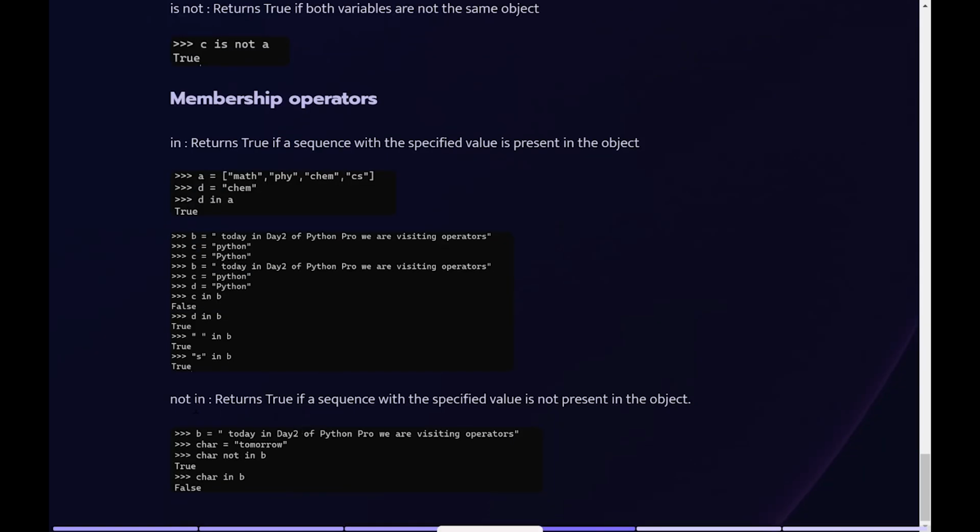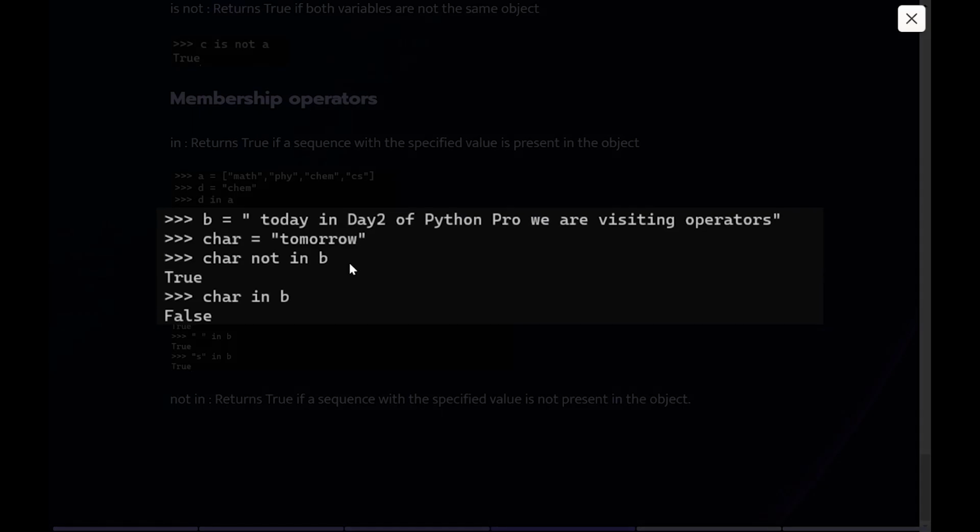And just like we had the logical not operator, we have the same here in the membership operators also: not in. We are checking if the character is not in a particular string or a list. As you know, if the result is going to be true, when you add a not, it is going to change it into false. And if the answer is going to be false and you have a not before it, it is going to be true.